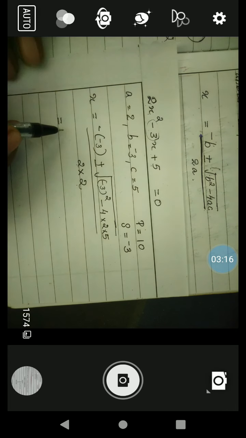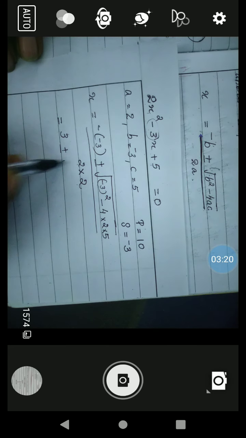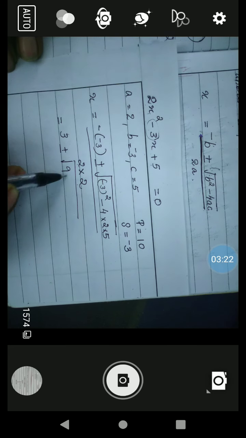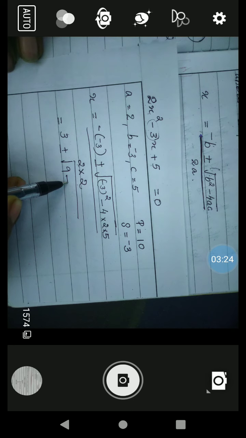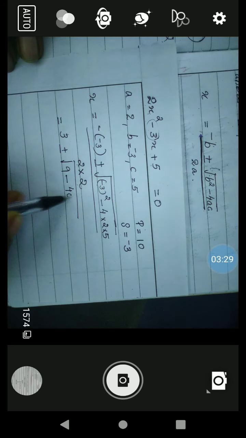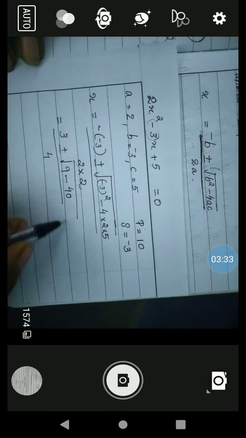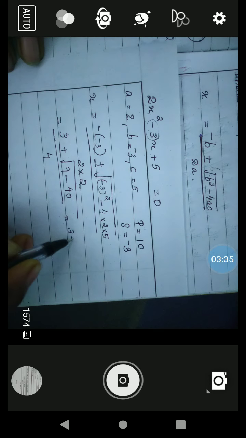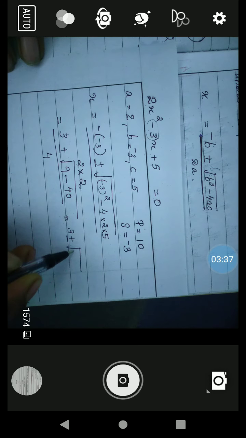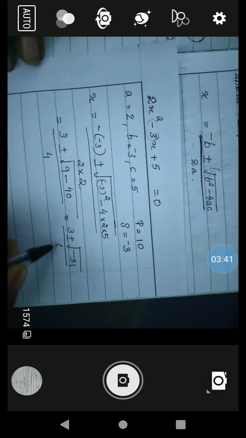Now we can simplify: minus of minus 3 is 3, plus or minus root of 9 minus 4 into 2 into 5, that is 40, right? Whole divided by 4. Here you can see 3 plus or minus root of minus 31 divided by 4.